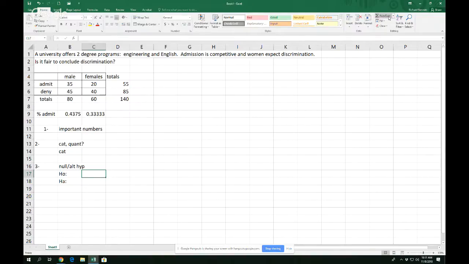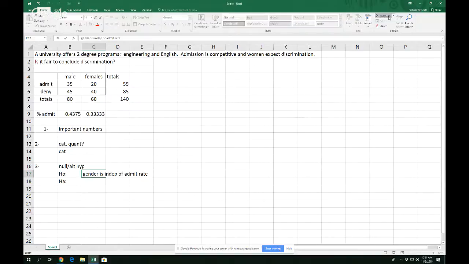What'd you say? No change, no difference, or I should add on there, it's independent. Okay. So this is the rule breaker. What we're going to do is say gender is independent of admit rate.